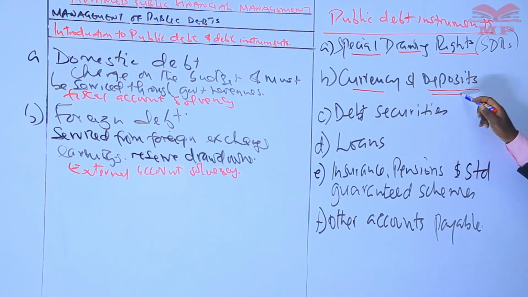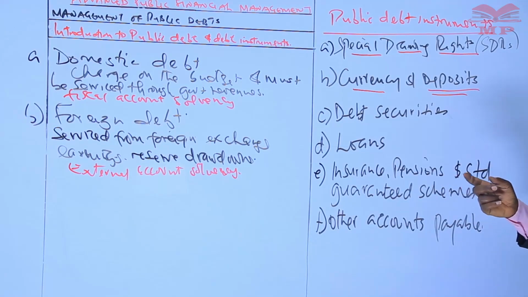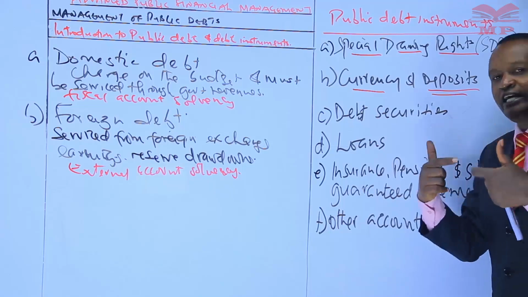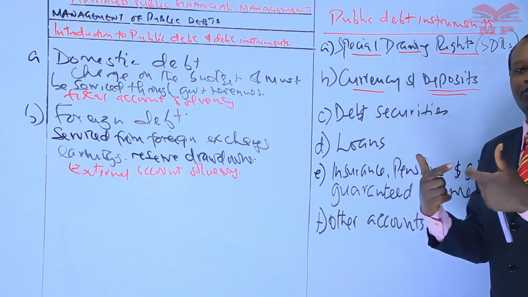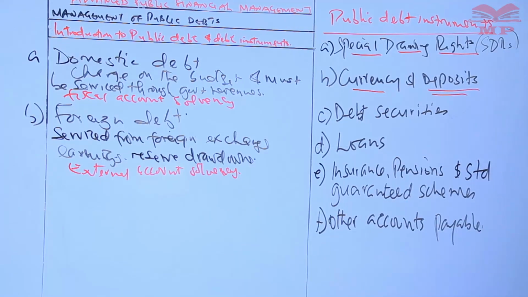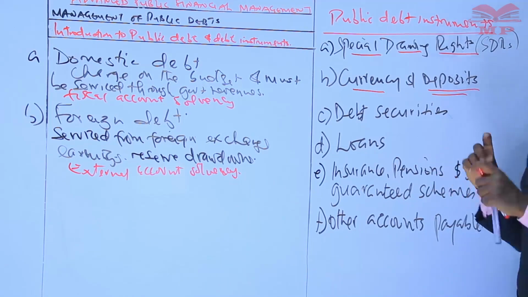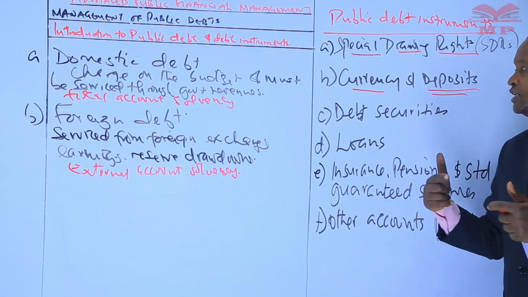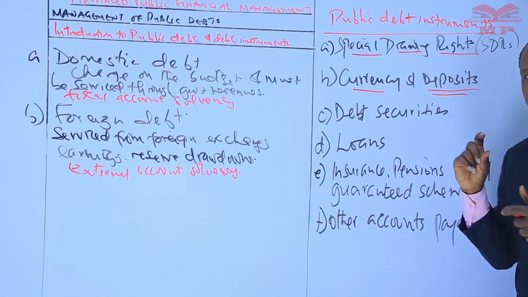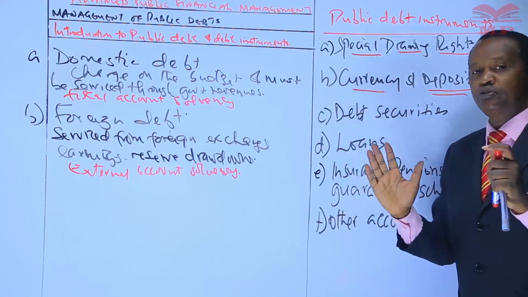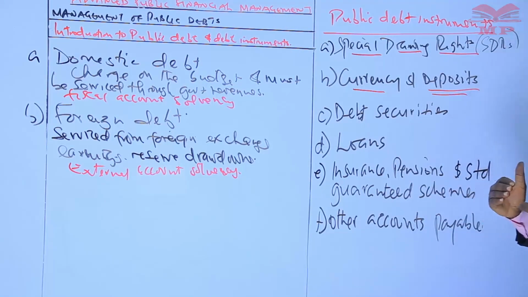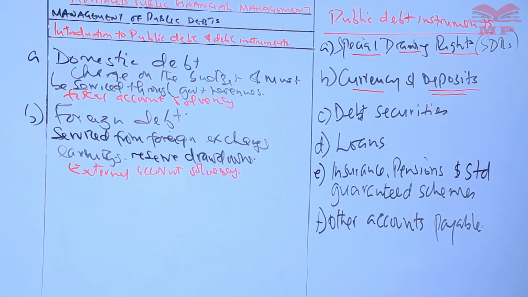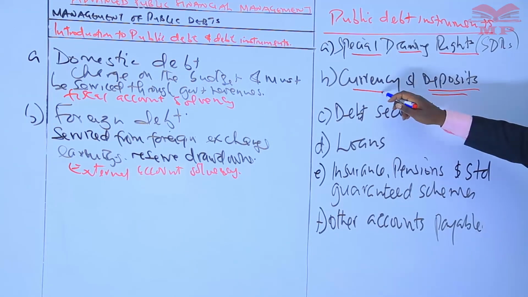Now deposits, on the other hand, are all claims represented by evidence of a deposit on the deposit-taking corporation, including the central bank, and in some cases, general government and other institutional units. So a deposit is usually a standard contract that is open to the public at large that allows the placement of a variable amount of money. So currency and deposits are also types of debt instruments.